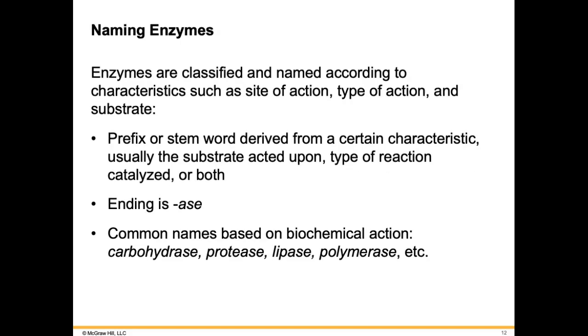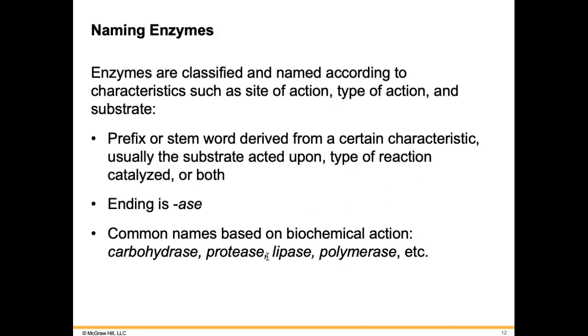Probably somewhere along the line you've recognized that if something ends in ASE, it's probably an enzyme. They're classified and named according to characteristics such as the site of the action, the type of action, and the substrate. The prefix or stem word is derived from a certain characteristic, usually the substrate acted upon, the type of reaction catalyzed, or both. Common names in biochemical actions are carbohydrase, protease, lipase, polymerase.